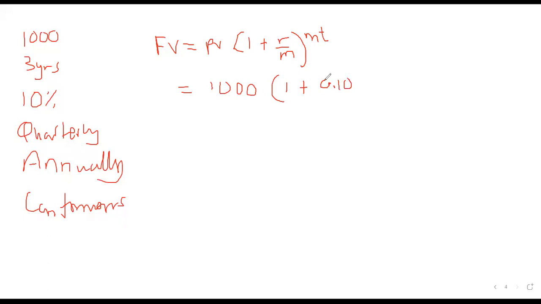It's 10%. What is our M? Quarterly means how many times? It's 4. We multiply the 4 times how many years? Times 3. Yes. All right. So here we're going to have what? 1,000.